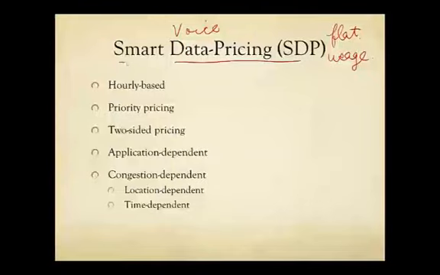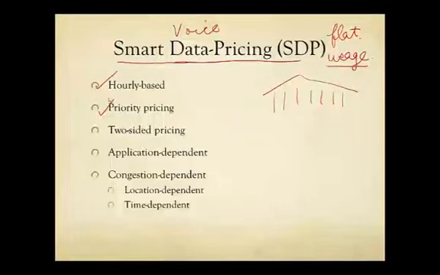And we're going to see some interesting extension that we collectively call the smart data pricing. So this is an umbrella term, and there are many different meanings of this term. We're going to look at a few of them in this overview module of the lecture. Now, one is an hourly accounting-based data pricing. Instead of looking at how much you have used, it looks at how long have been using it.